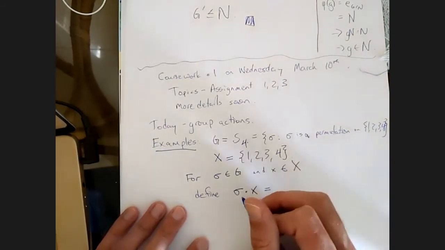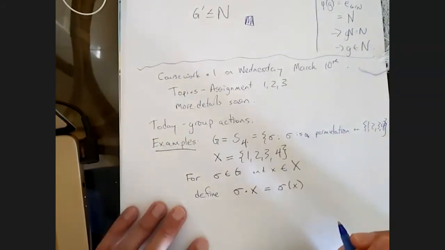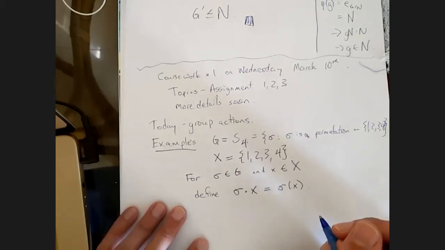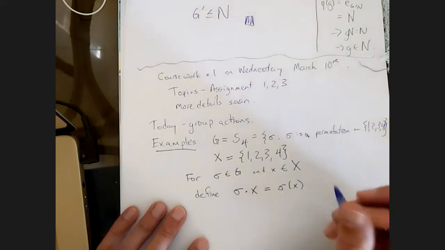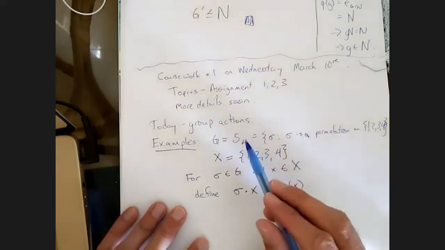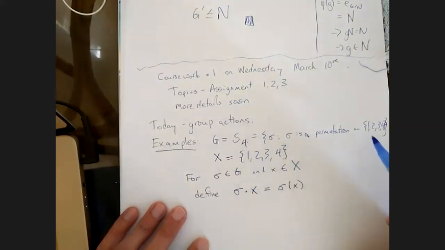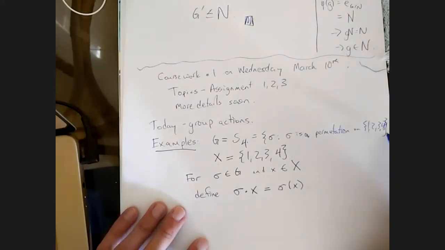So we should just define sigma times X to just be sigma of X. This one seems kind of pointless, but the reason is the group S4 is defined by its action on the set 1, 2, 3, 4.